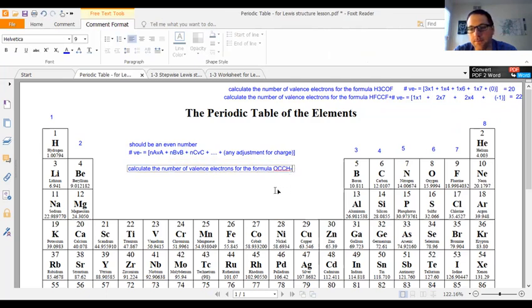And finally, I have here the formula OCCH. Again, that's written for a reason. And let's take the number of valence electrons. It truly is a back of the envelope calculation. You could do this standing up on the back of an envelope.